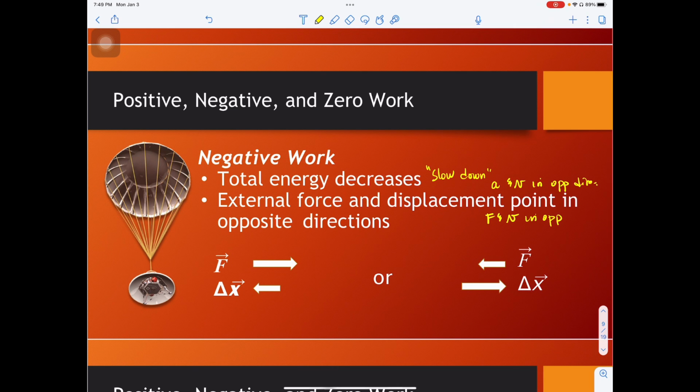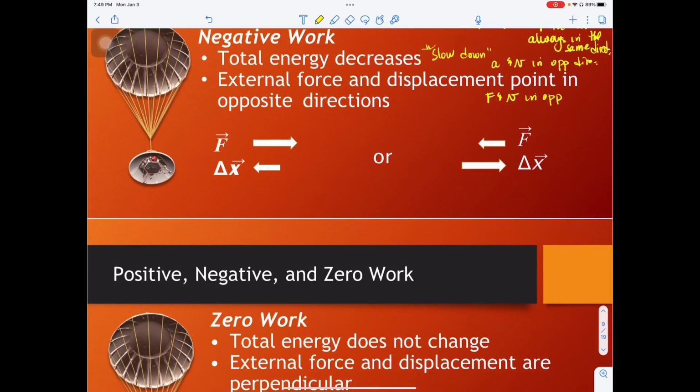And I just want to remind you, because F equals ma, we know F and A are always in the same direction, because the A comes from F.